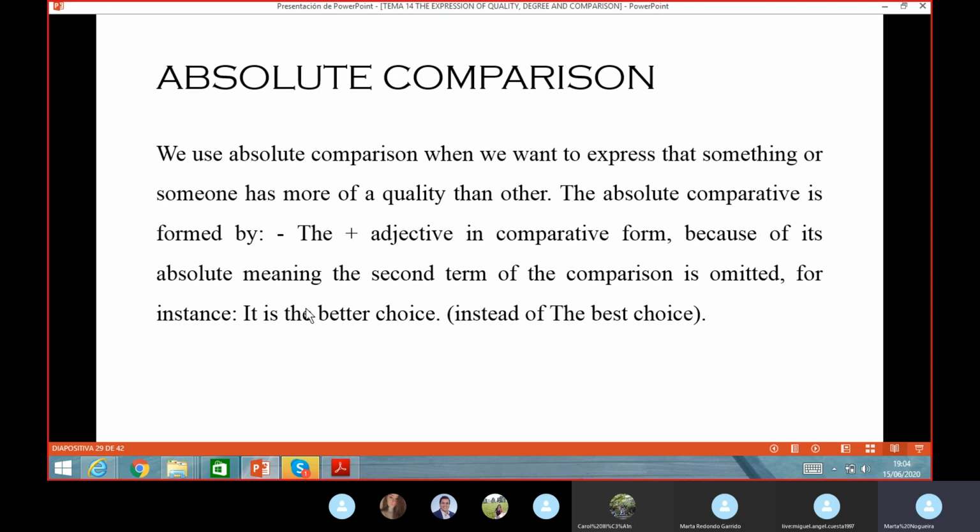Hemos visto que cuando se ponía de era con EST. Vosotros haced eso, ¿vale? Como aquí, the best choice. Pero si veis un de y luego un comparativo, esto es posible porque sería la comparación absoluta. Esto es de nivel avanzado, ¿vale? Esto simplemente lo cuento para que, si veis algo por vuestra cuenta o lo que sea, y veis esto, no digáis, ah, pero si Marta me dijo que cuando ponía de tenía que poner EST, ¿vale?